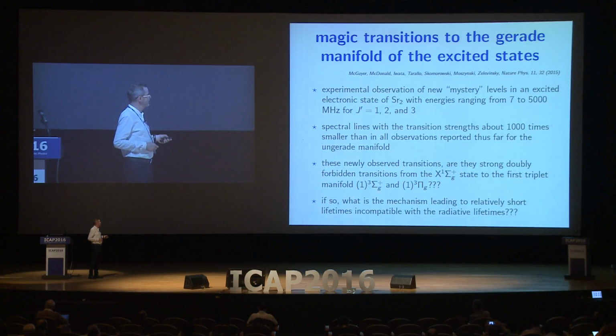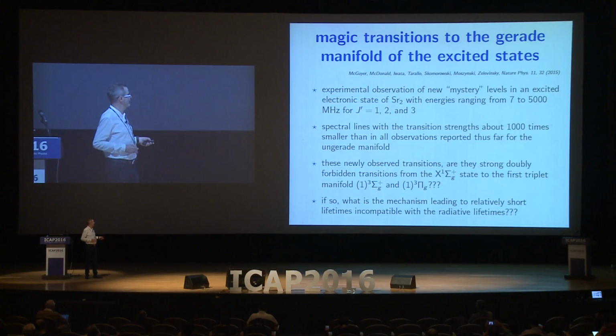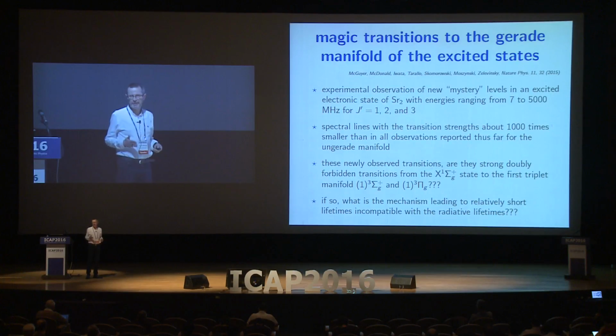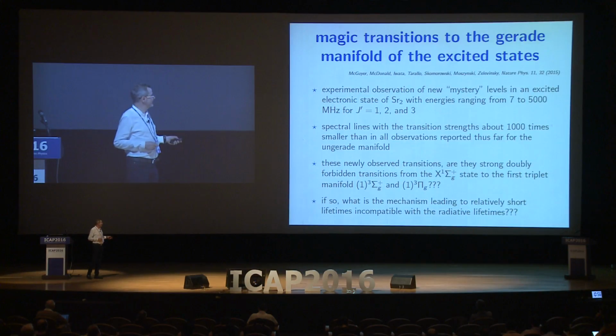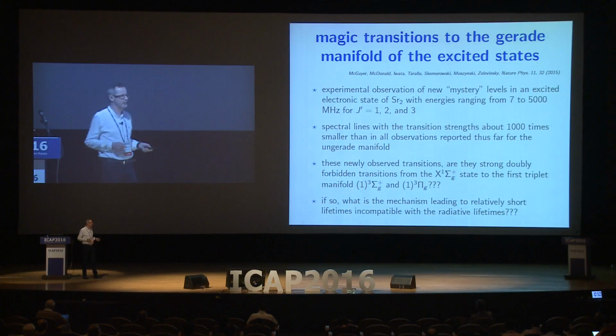So then, well, we made a conjecture that maybe these newly observed transitions are strongly doubly forbidden transitions from the gerade to gerade manifold and from singlet to triplet. But if so, we know from the works of Herzberg that these are extremely weak transitions, so the lifetimes are very long, and in the experiment they observed relatively short lifetimes.